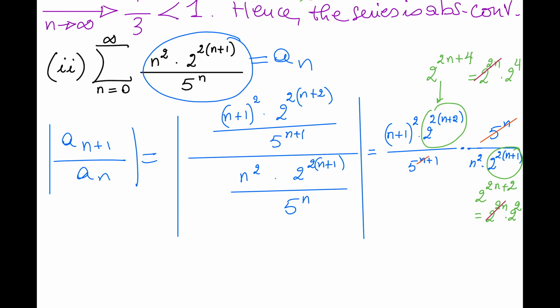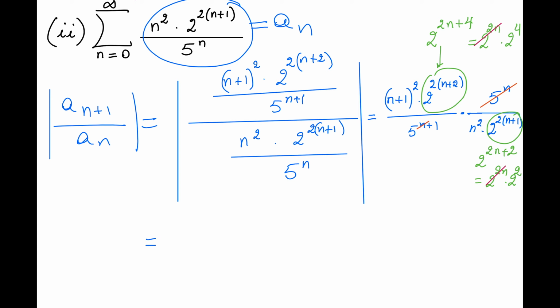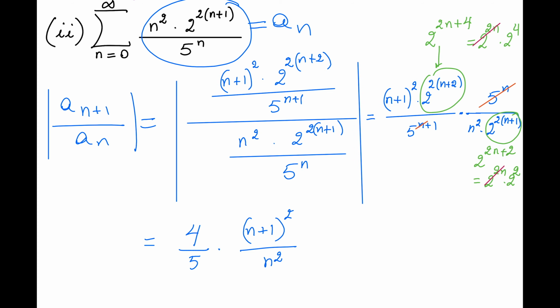So we get that this is equal to 4 divided by 5 times n plus 1 squared divided by n squared.